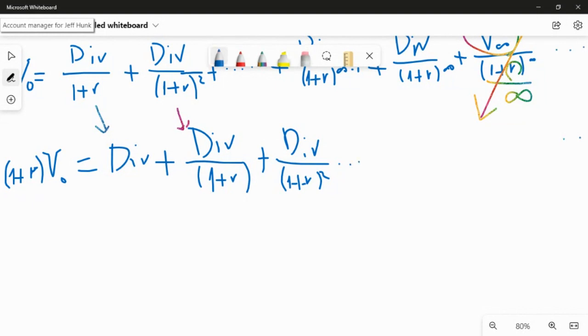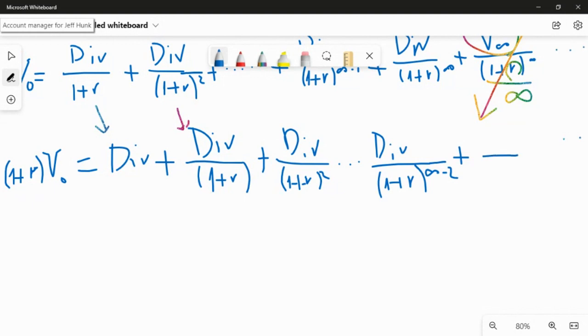This term will become dividend over 1 plus r raised to infinity minus 2.